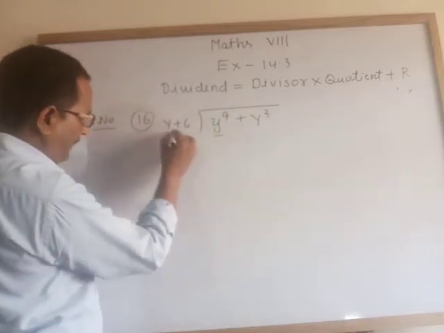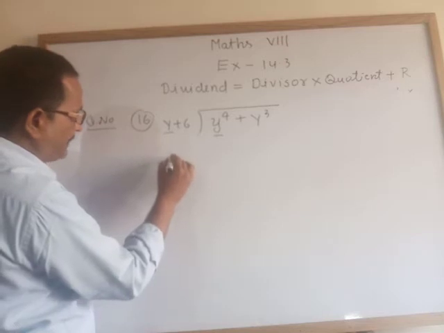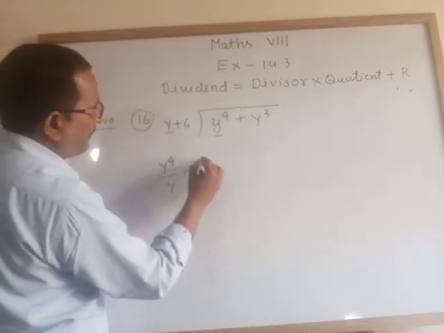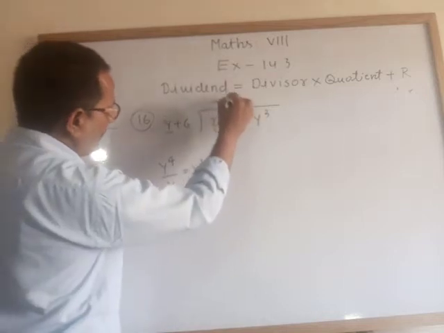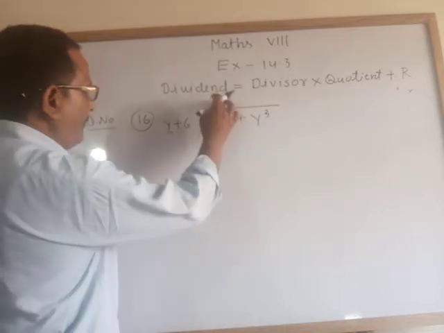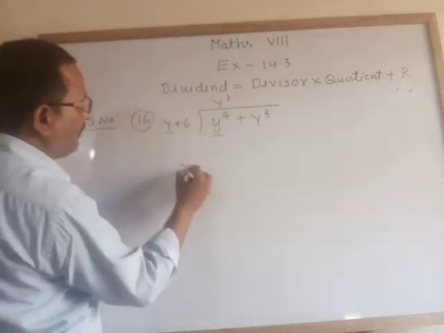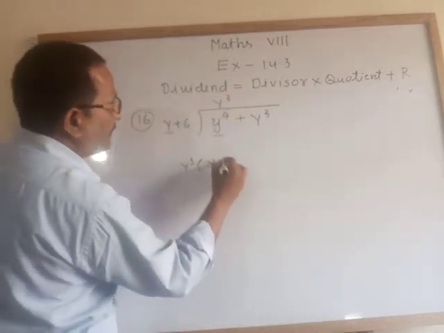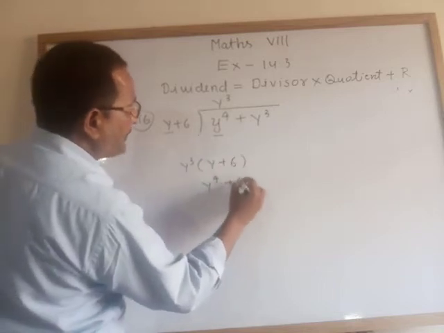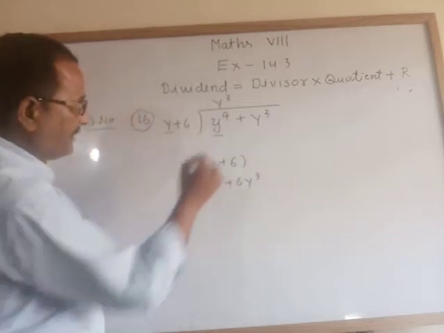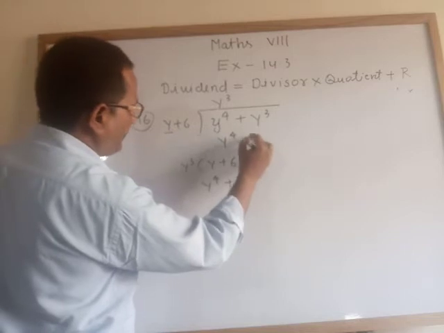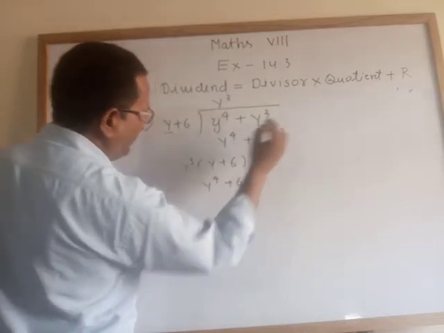First term divided by first term: y power 4 divided by y, the answer is y to the power 3. Now multiply this by y plus 6: y to the power 3 multiplied by y plus 6 is y to the power 4 plus 6y cube. You write here y to the power 4 plus 6y cube.